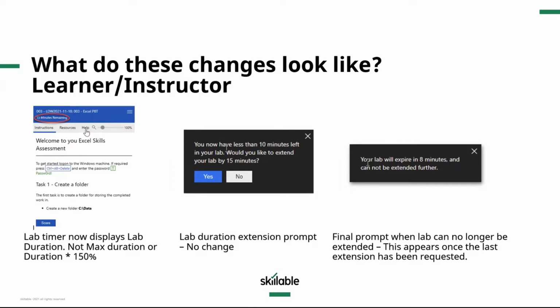So it's whatever is in that duration box to start with, and then of course we'll add time if they're allowed to extend. The extend box hasn't changed at all. Again, you've got 10 minutes left, and we would like to extend your lab by 15 minutes. So pretty straightforward there.